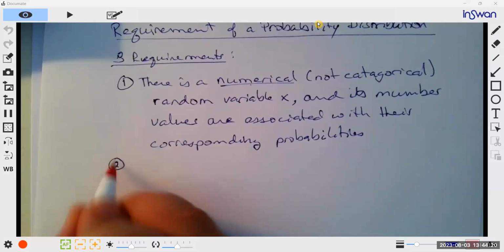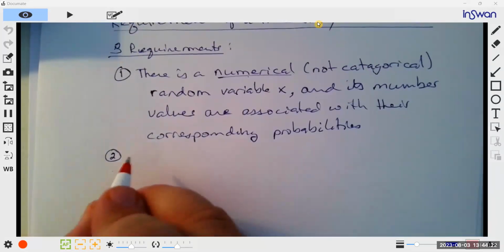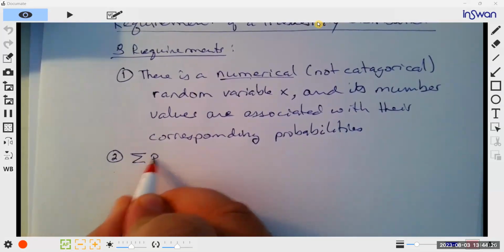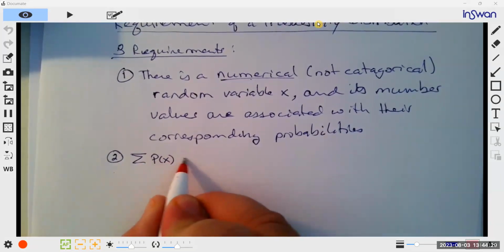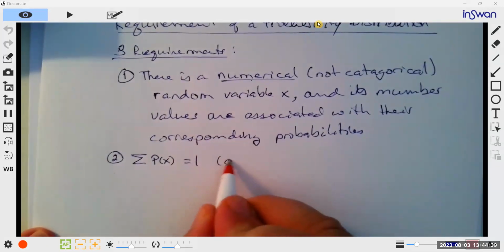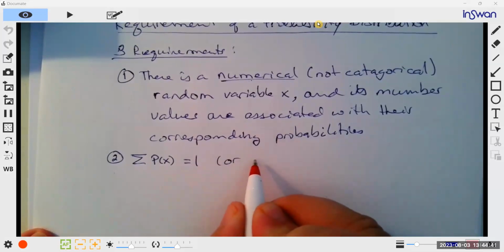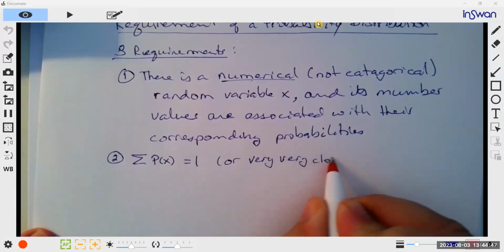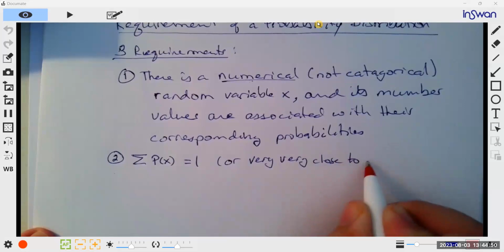It's condition 2. The summation of all probabilities has to equal 1, or very, very close to 1.